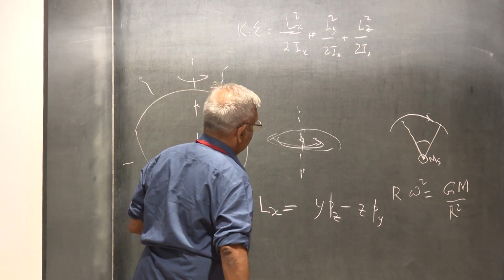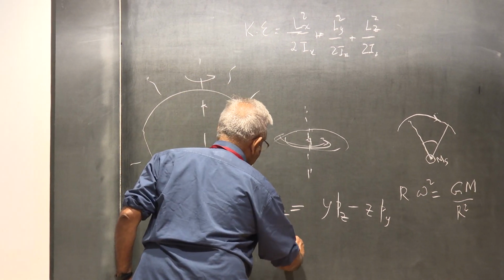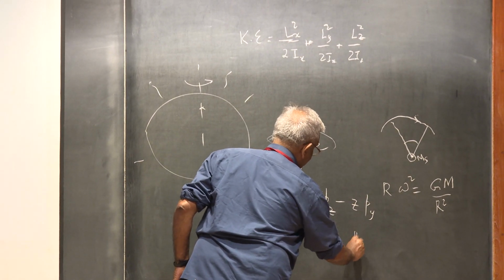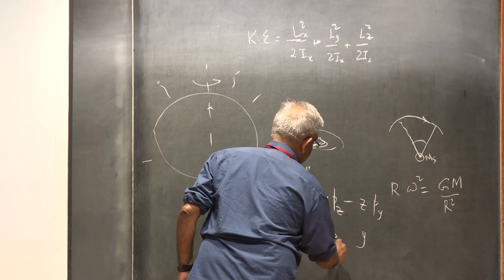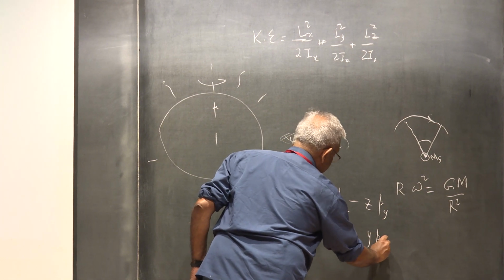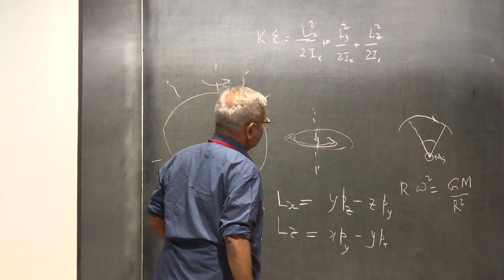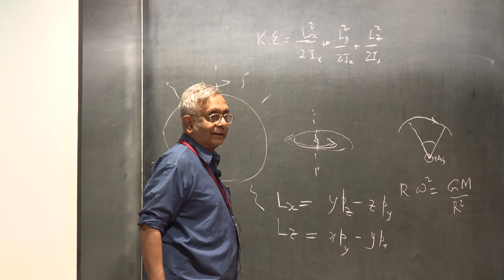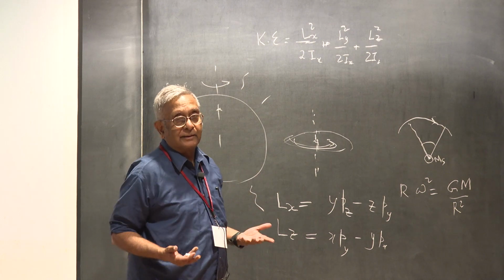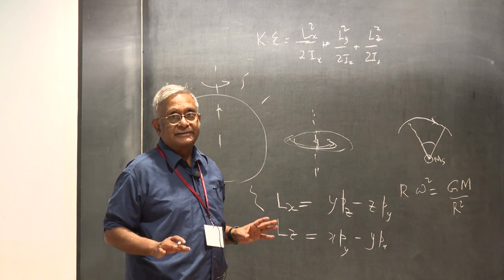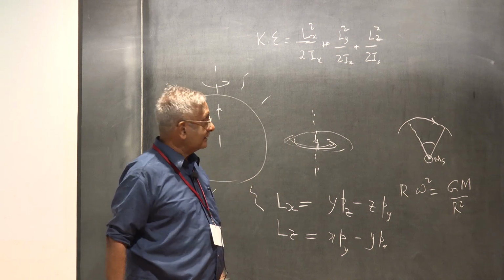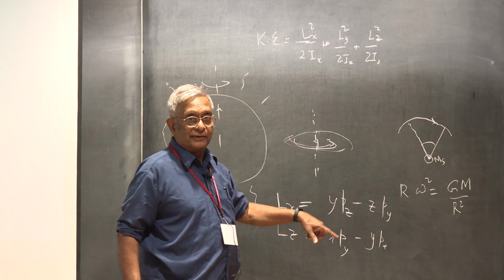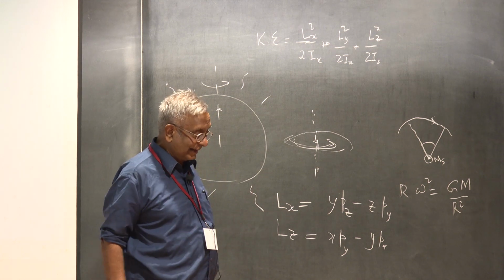Whereas if you look at Lz, that of course has only the things in the xy plane. So basically, this is telling you that you can get rid of the z component of velocity by some kind of dissipation, right? I mean, you have to get rid of energy, otherwise the object will stay exactly as it is. But you can't that easily get rid of the x and y components of velocity. So that's the kind of reason for flattening.